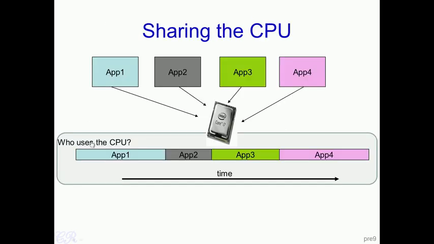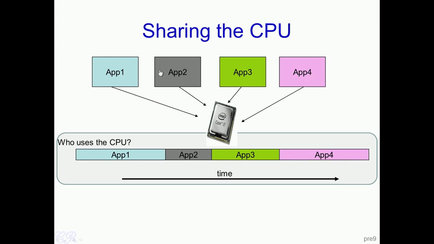To take an example, let us consider the CPU. Systems typically would have 1 or 2 CPUs and multiple applications executing on that CPU. So, how does the operating system share the single CPU among multiple applications?